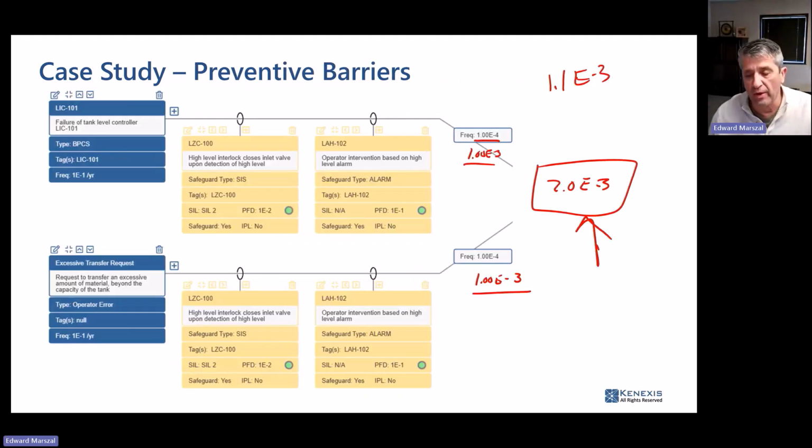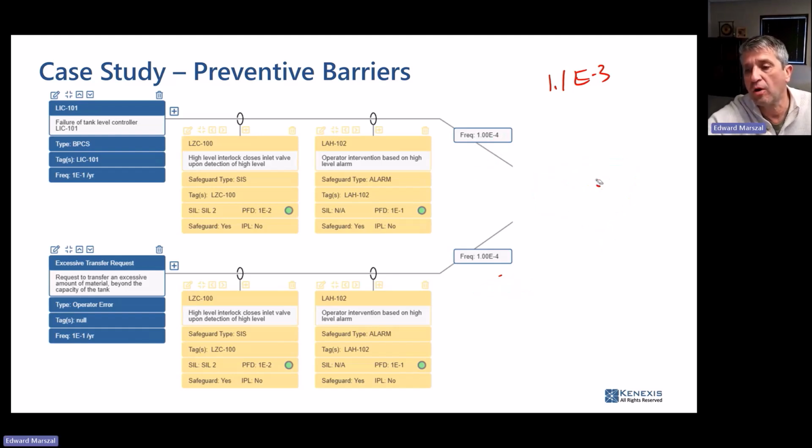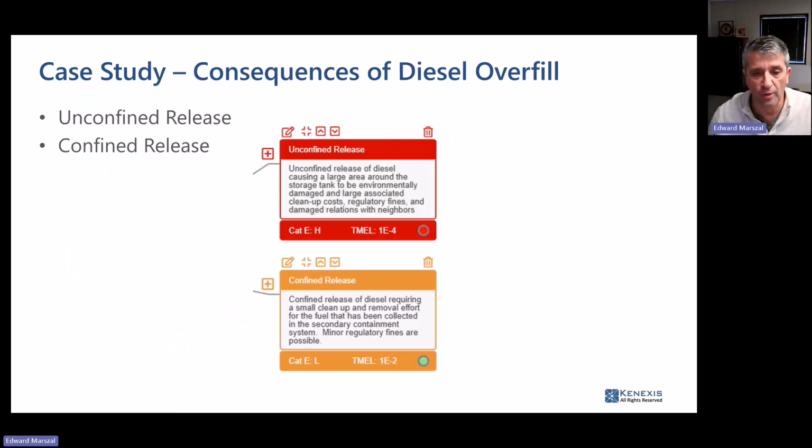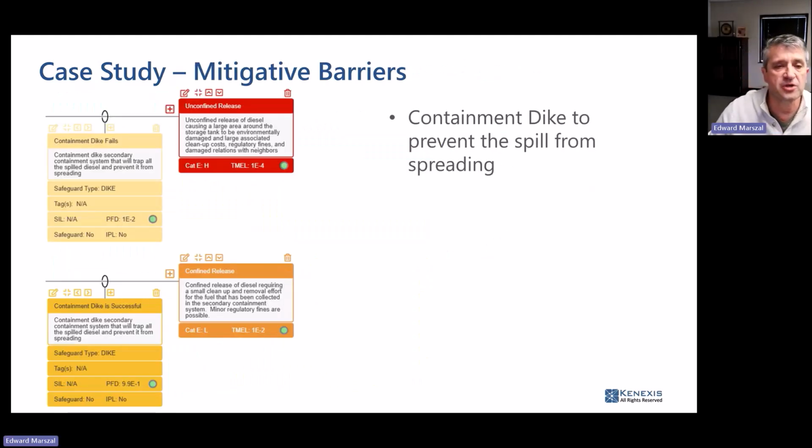So, you know, we calculated, let me clear this up a little bit. So in order to get, okay, let me go to the end and work backwards. So I know that for this situation, my tolerable risk is 1e minus 4.